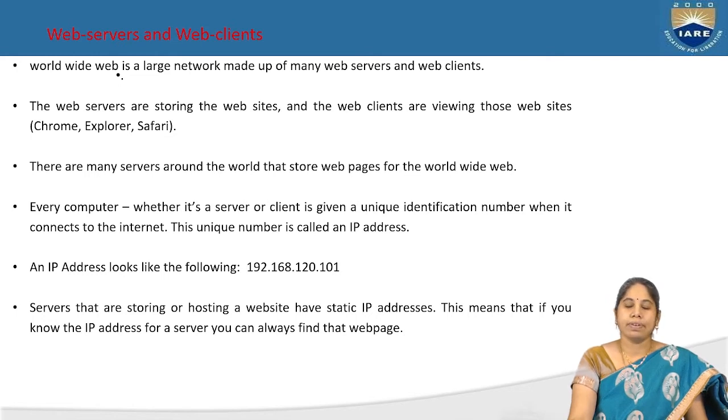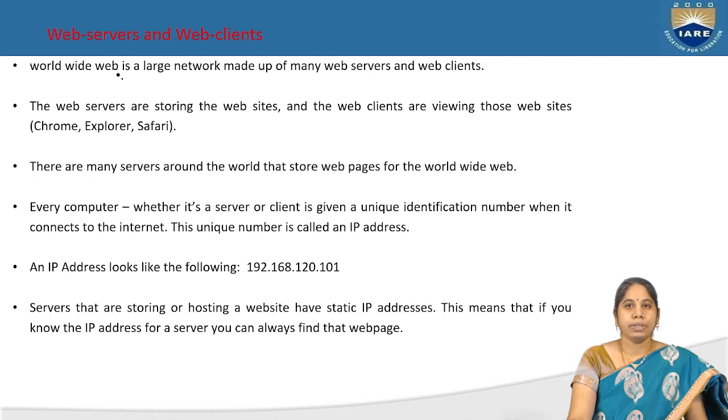Examples of web browsers are Chrome, Opera, Internet Explorer, Safari, Netscape Navigator, etc. All browsers are client browsers. There are many servers all over the world storing web pages for the World Wide Web.